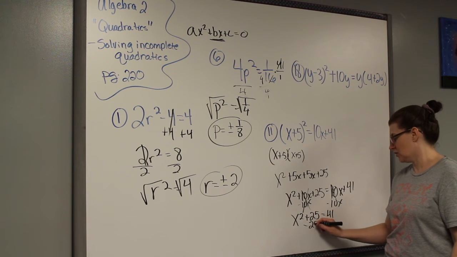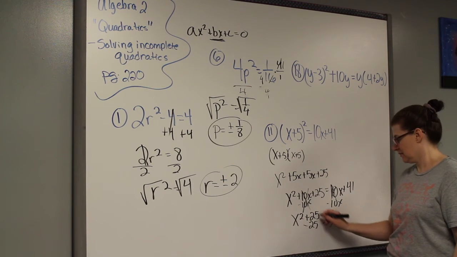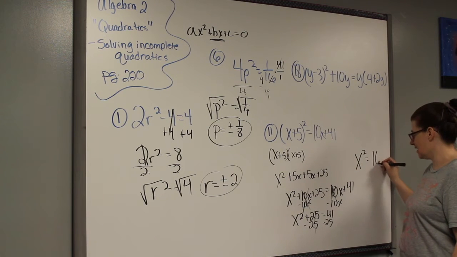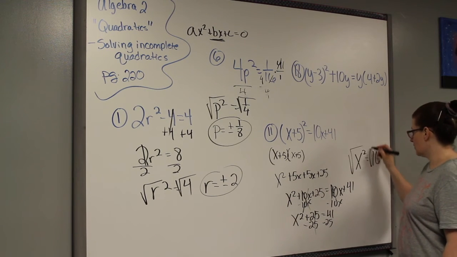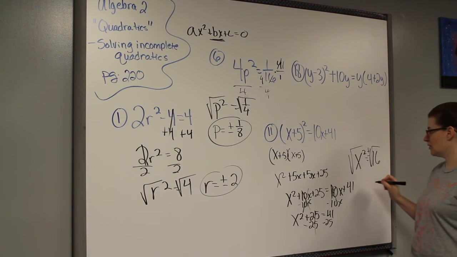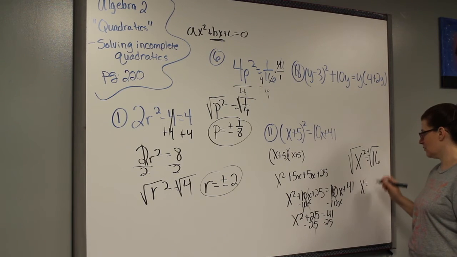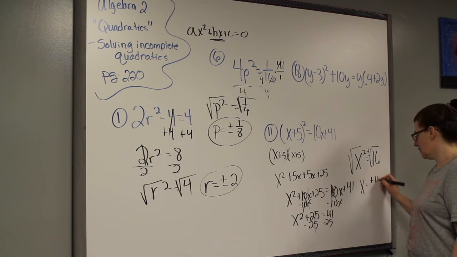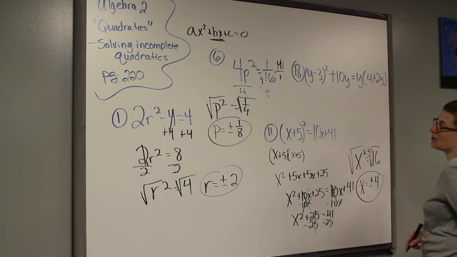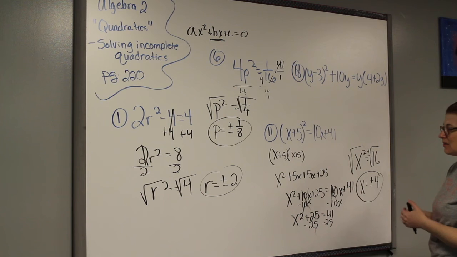I'm going to subtract 25, and I get x squared equals 16. We're going to take the roots, and the square root of x squared is x, and the square root of 16 is 4, plus or minus 4, okay? That's all stuff that you should already know how to FOIL and to combine like terms and things like that.